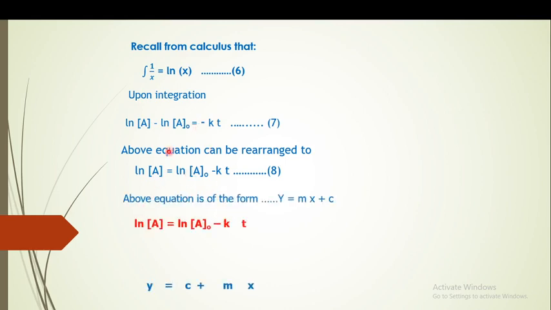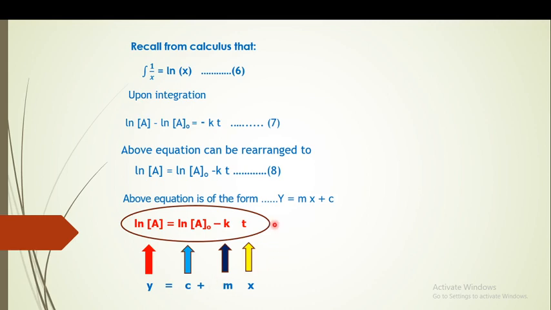The above equation is of the form y is equal to mx plus c. This is the equation of a straight line. So here y means ln of A. If we plot the graph, then on the y-axis ln of A is plotted, on the x-axis time is plotted. So ln of A versus time t is the graph of a straight line, and we get the slope from this graph, that is minus k.